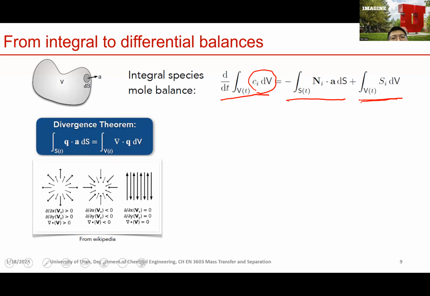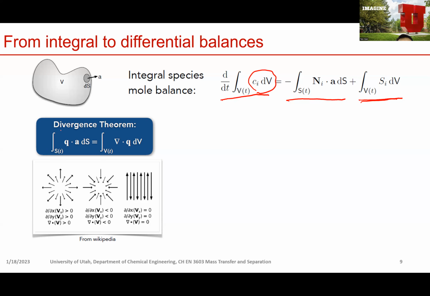Now, in a lot of cases, we don't really have to treat the whole control volume. Maybe it's more convenient if we only consider one point in our system. Then there's a way we can simplify our equation from the integral form to the differential form.